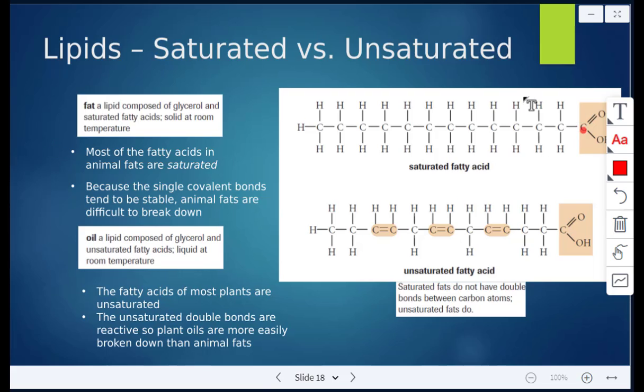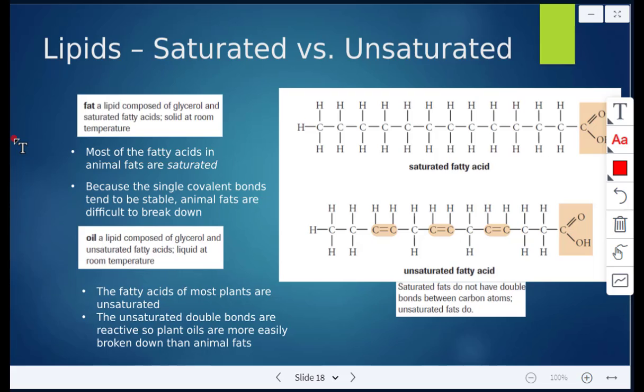We can see here the structure of a saturated fatty acid, and we can see all the single covalent bonds. Single covalent bonds are stable, so therefore animal fats, which are saturated fatty acids, are difficult to break down.